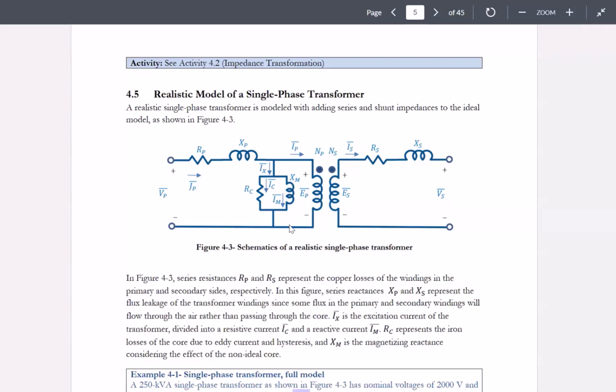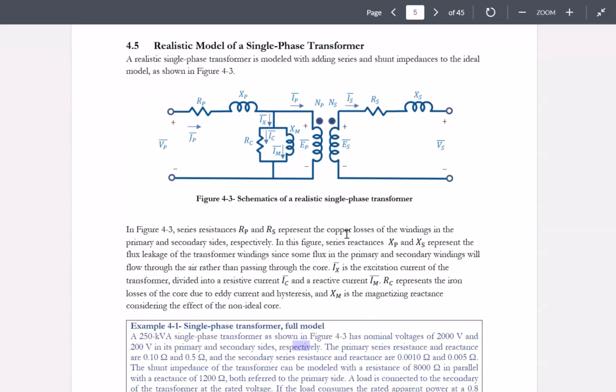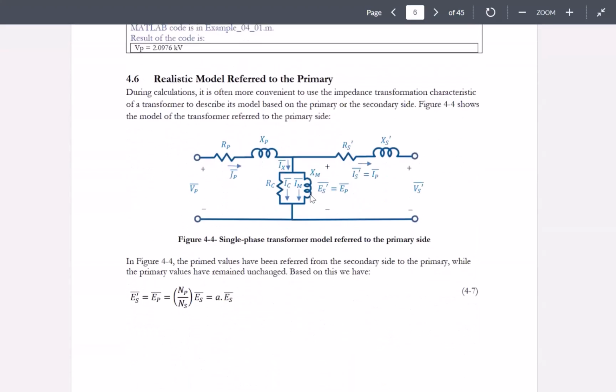By transforming things from one side to the other side, this ideal part just vanishes. So like here, the ideal portion, we just eliminated that. We kept the values that were on the primary as is, no change. The ones that were coming from the secondary referred to the primary side take primed values.